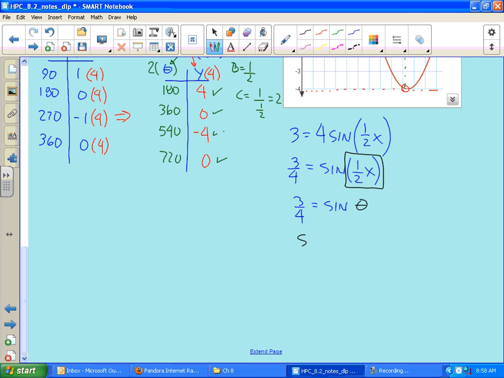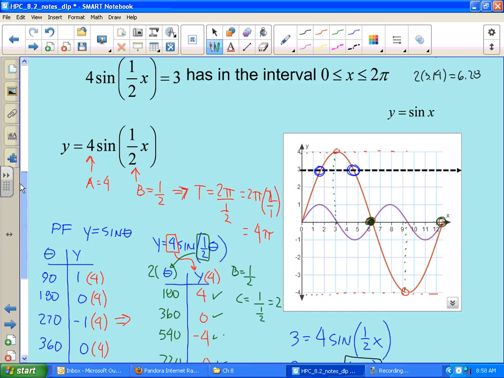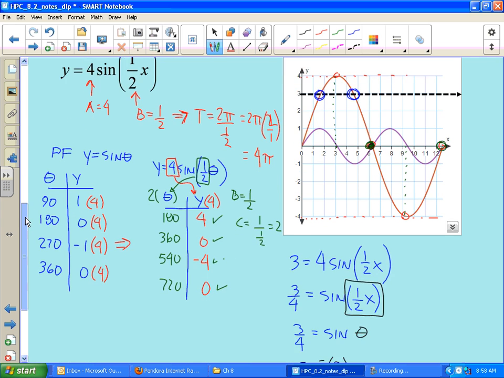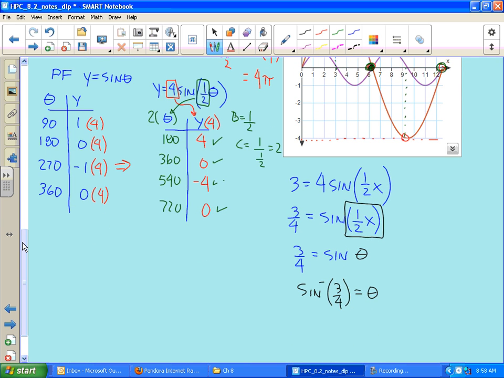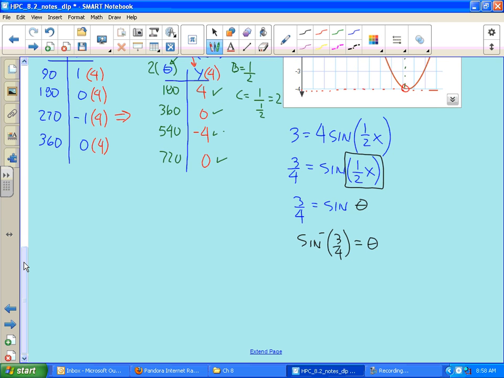We have the inverse sine of 3/4 would actually equal this theta value here. We're in degrees, I believe. Well, we're going to go ahead and calculate it in degrees. So we're going to do the inverse sine of 3/4. I get 48.59 degrees. I know that our domain showed radians, and we're going to work with degrees here.